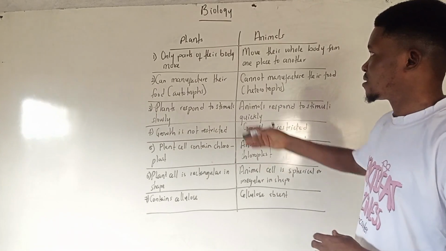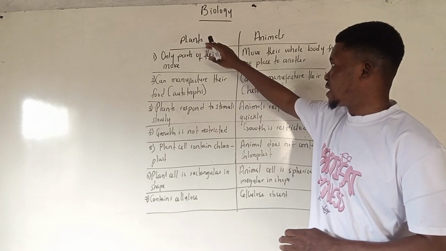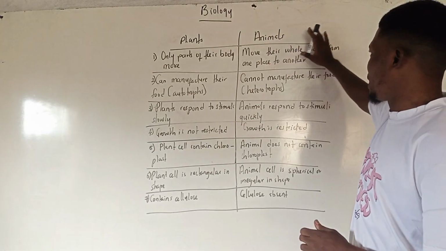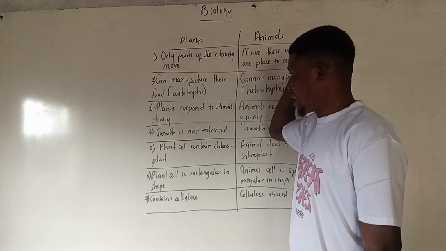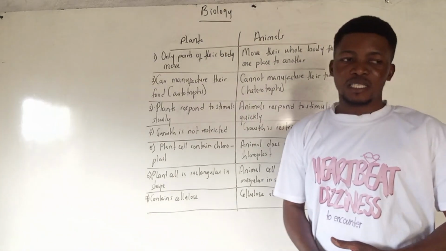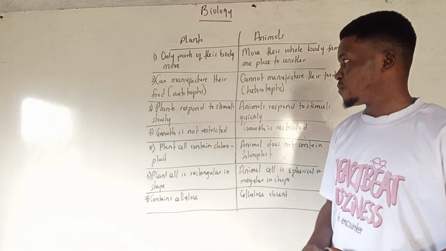So these are the differences. Number 1, we said only parts of their body move in plants, while animals move their whole body from one place to the other. Then the second one is that plants can manufacture their food. Yes, the plant cell possesses the chloroplast, which contains the chlorophyll.